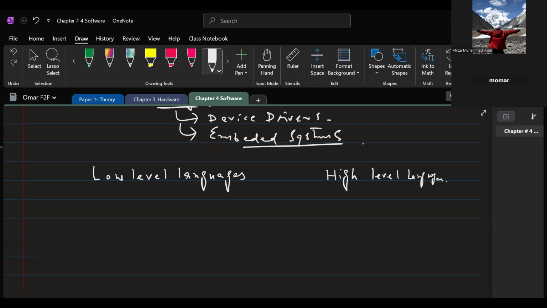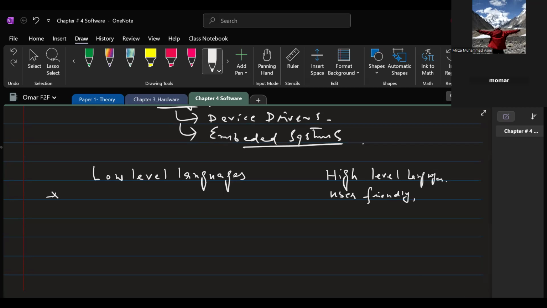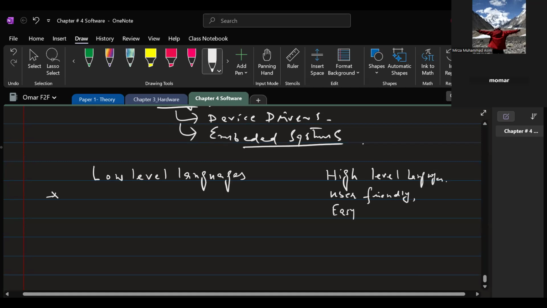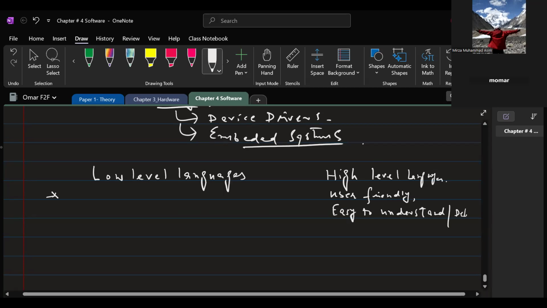High level language is user friendly, which means it is easy to understand, debug, maintain, etc.